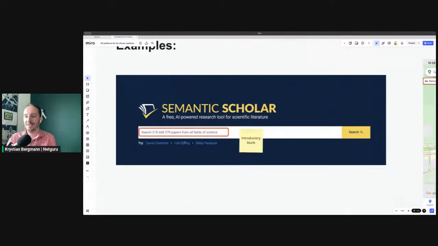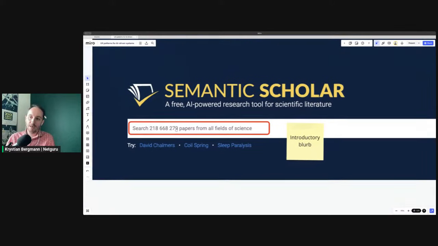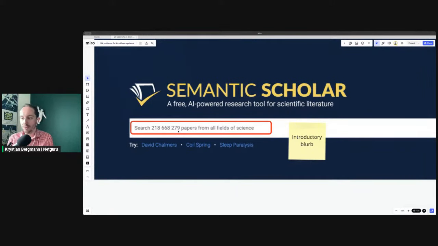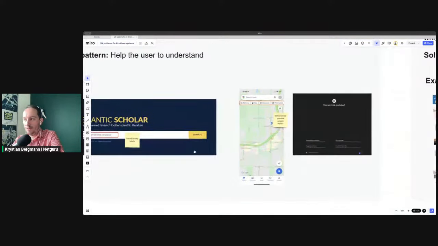So the first one, this is from Semantic Scholar, which in this case is AI-powered research tool for scientific literature. So one of the tools that they are using is called introductory blurb, which is this blurry gray kind of things that give you a hint what you can do with this specific system, right? So you can ask about some specific question.